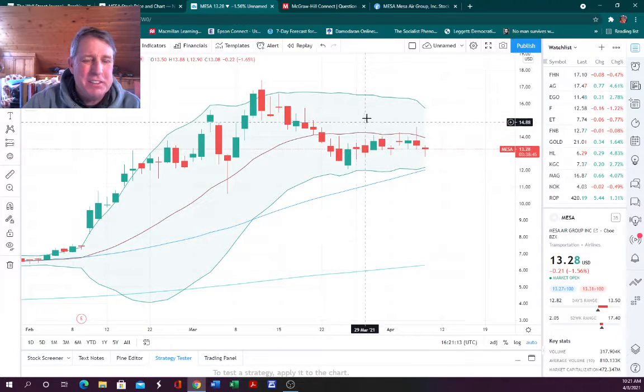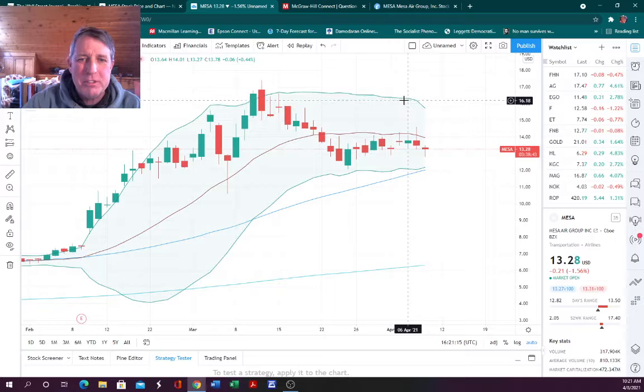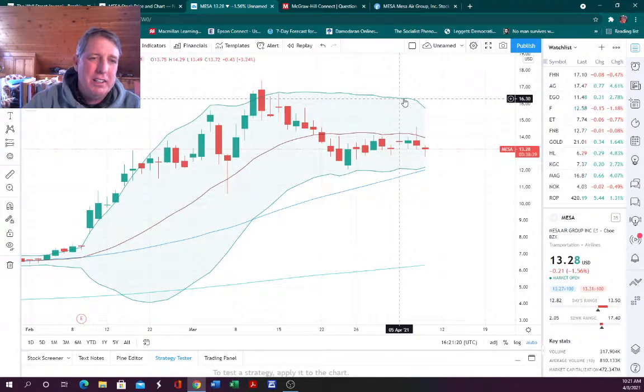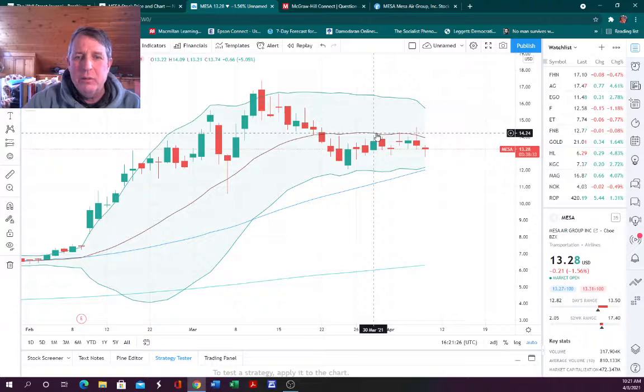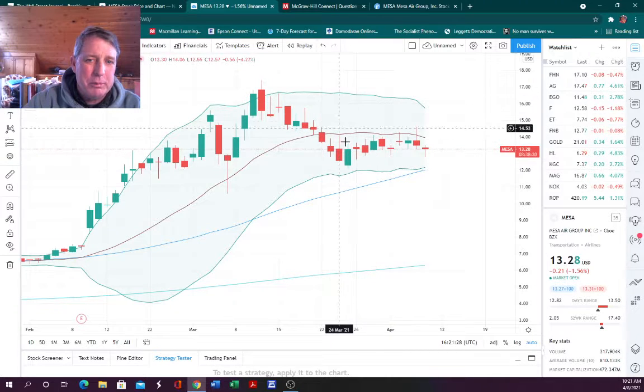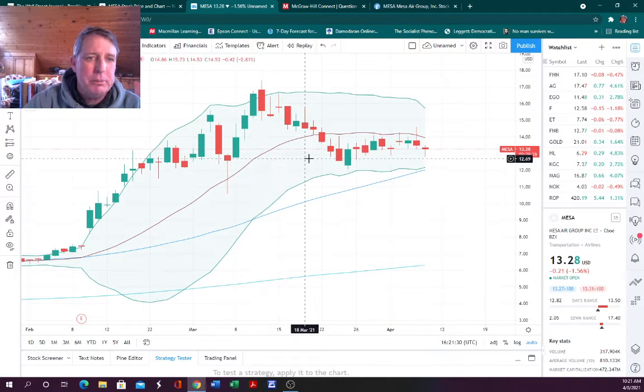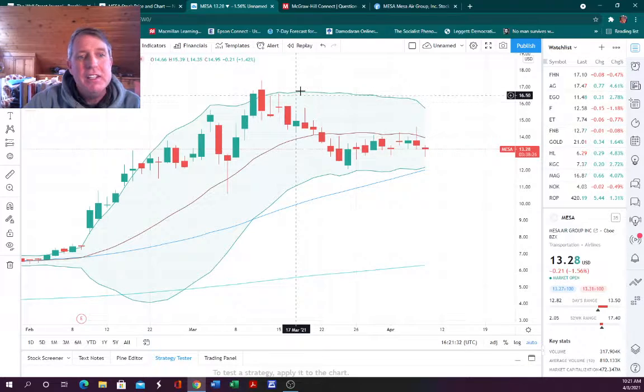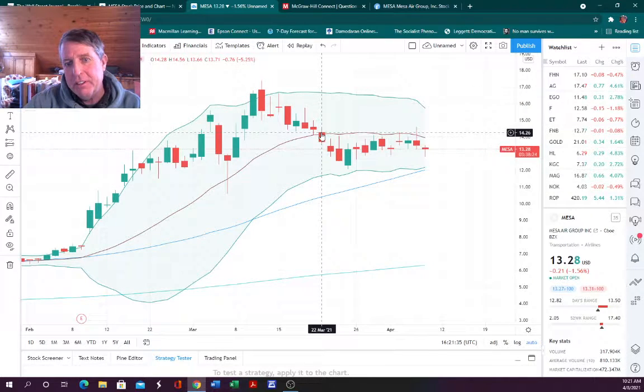It's a measurement that uses statistical analysis, because we know mathematically that things tend to move towards the mean. You can look at these bands and say the stock's going to stay between the bands, and when it gets outside of the bands, it's going to go back to the mean.